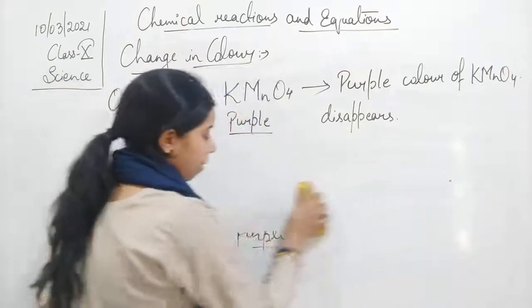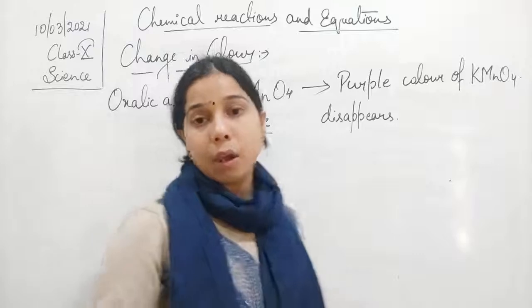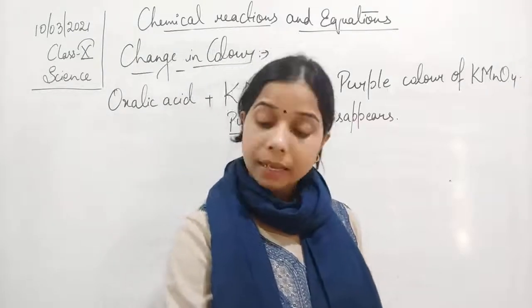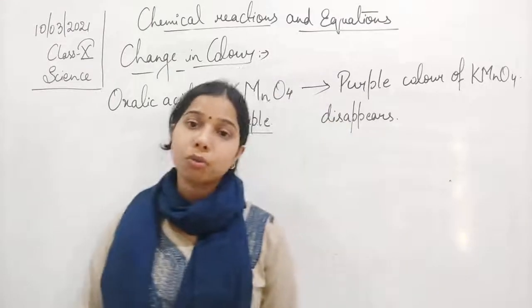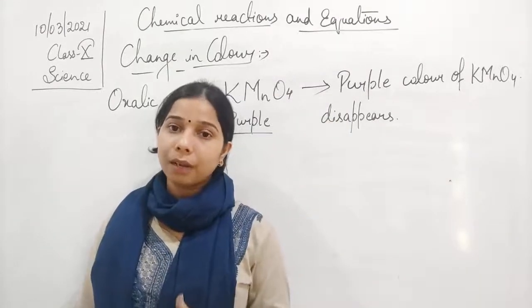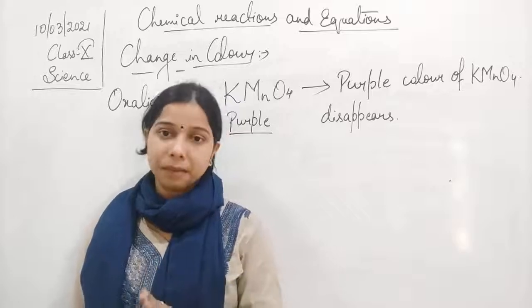even when we add sulfur dioxide into an acidified potassium dichromate solution, there is a change in the color from orange to green.